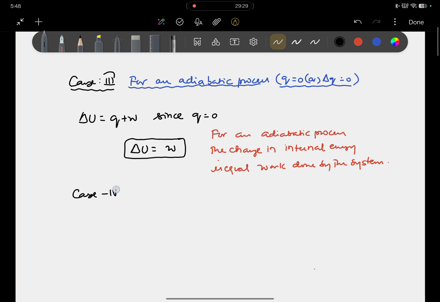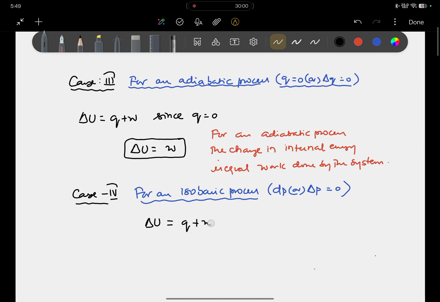So we can also go for case number 4. Case number 4 is for isobaric process. In isobaric process, delta P or dP is equal to 0. Change in pressure is 0. So by the equation delta U is equal to Q plus W, or delta U is equal to Q minus P delta V, that is at constant pressure.